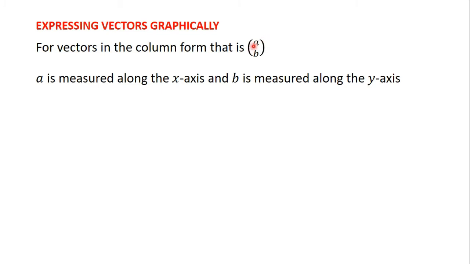This vector can be written like the coordinate of a point in the Cartesian plane, or the xy plane. A represents the value on the x-axis and B represents the value on the y-axis.